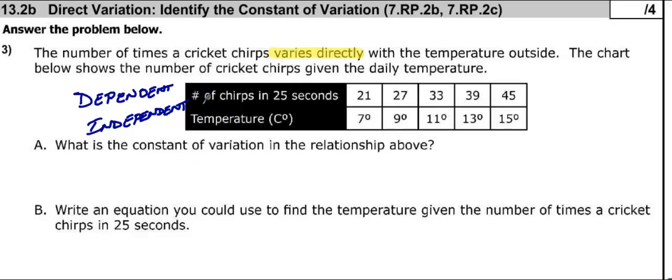The chirps don't control the temperature. These aren't alien crickets that can control the temperature. So the constant of variation is always the dependent variable divided by the independent variable.